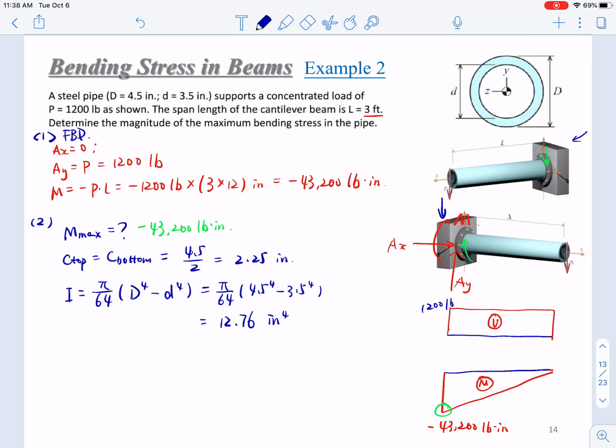And the last step, we just evaluate the maximum stress on top.